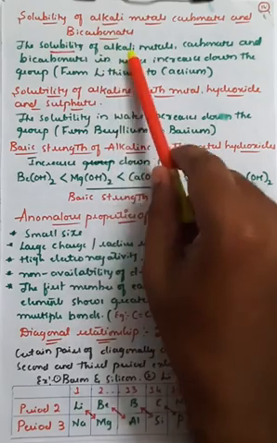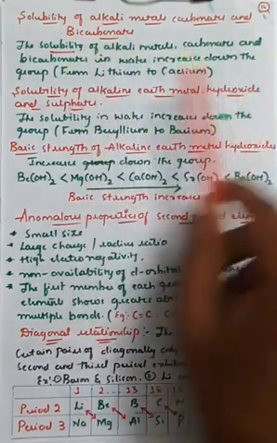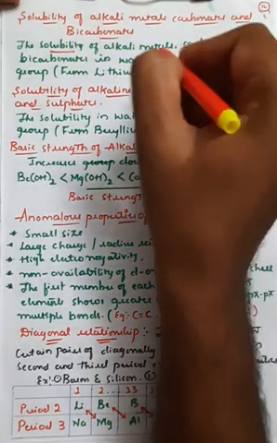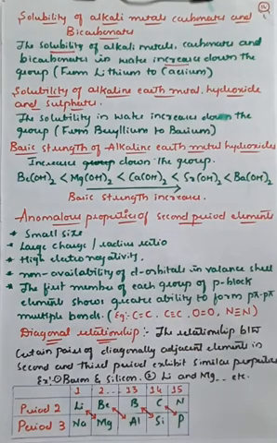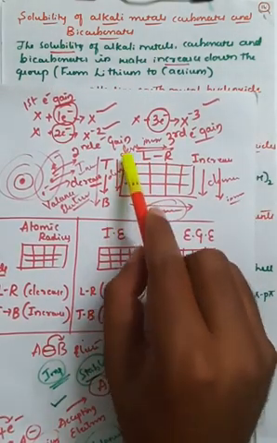The solubility of alkali metal carbonates and bicarbonates in water increases down the group from lithium to cesium, right? Down the group means when you come from top to bottom in the periodic table.